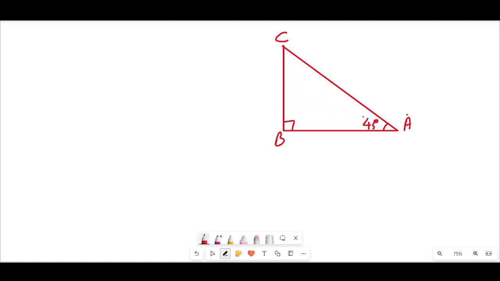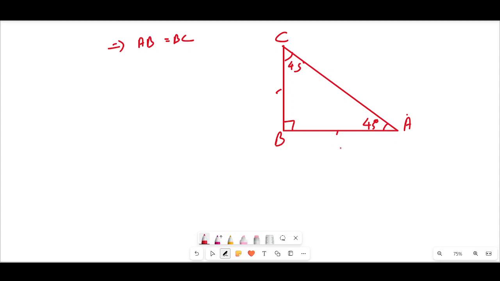Clear? Angle A, and if this is 45, this is 90 degree, then this will be 45. If this is 45, that means it is an isosceles triangle, right angle. Then this side will be the same. AB equal to BC, because it is an isosceles triangle.